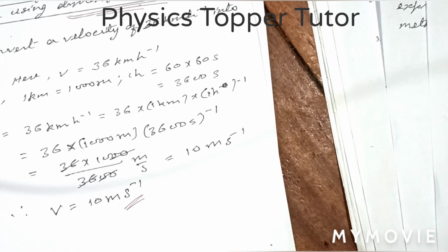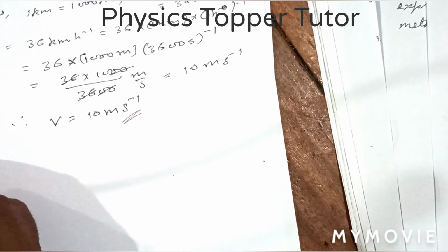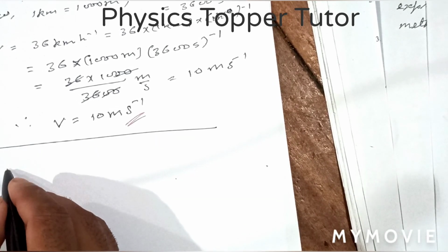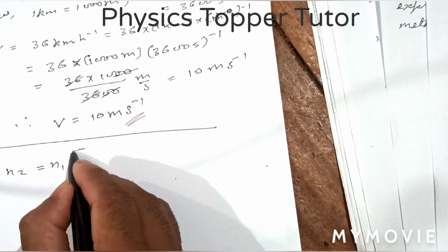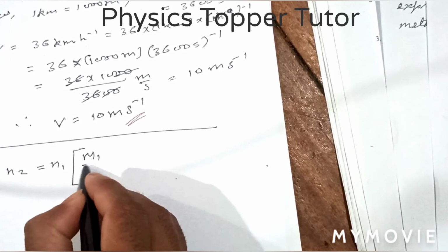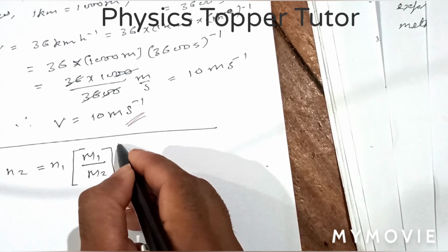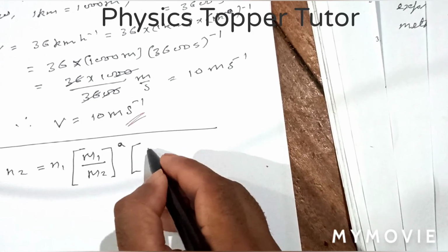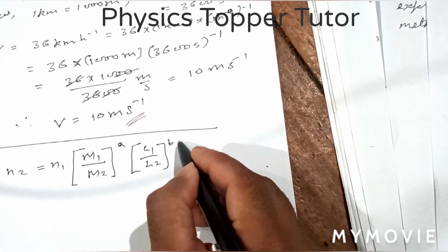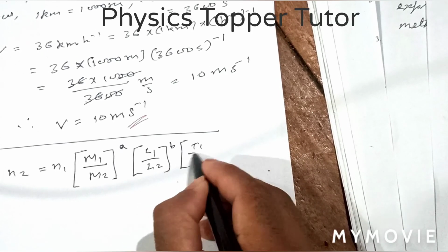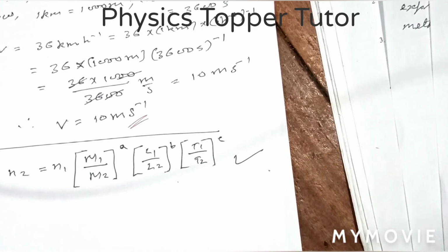So let's write the general formula: N2 equal to N1, M1 by M2 to the power a, L1 by L2 to the power b, T1 by T2 to the power c. So this is the general formula.